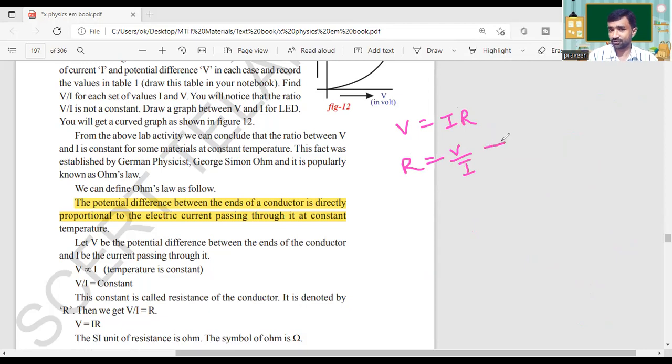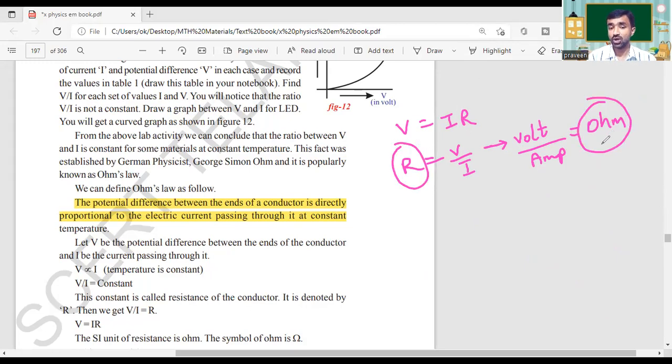The unit of potential difference is volt and the unit of current is ampere. Volt per ampere is named ohm. So 1 ohm equals 1 volt per 1 ampere. These are the units of resistance.